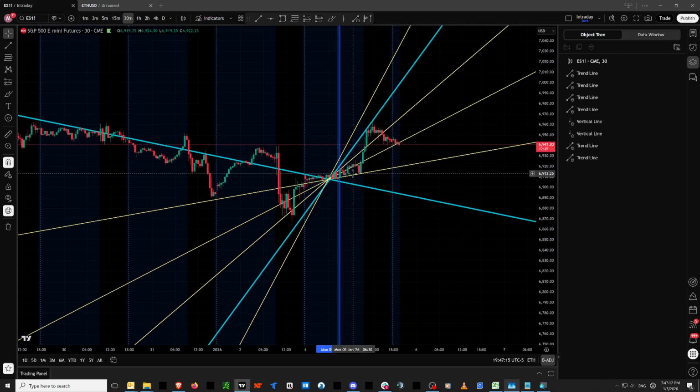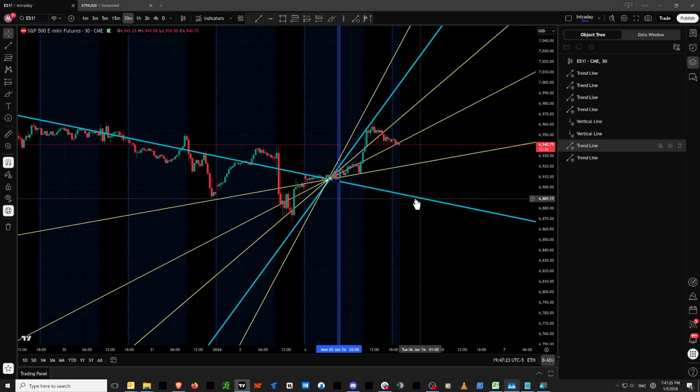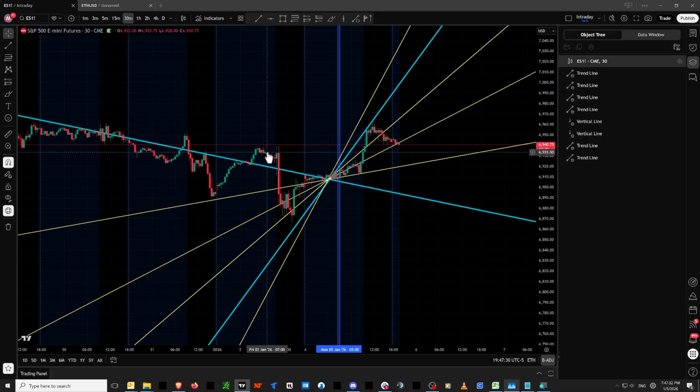Now, if you recall, I did not mark out the lower half of the lines. I only did the upper lines between the broadening. Here's the bearish trend. If I'd have marked these down here, anybody want to place a bet on whether it would have touched one of these back here maybe? Very possible. So what do the fan lines tell us?